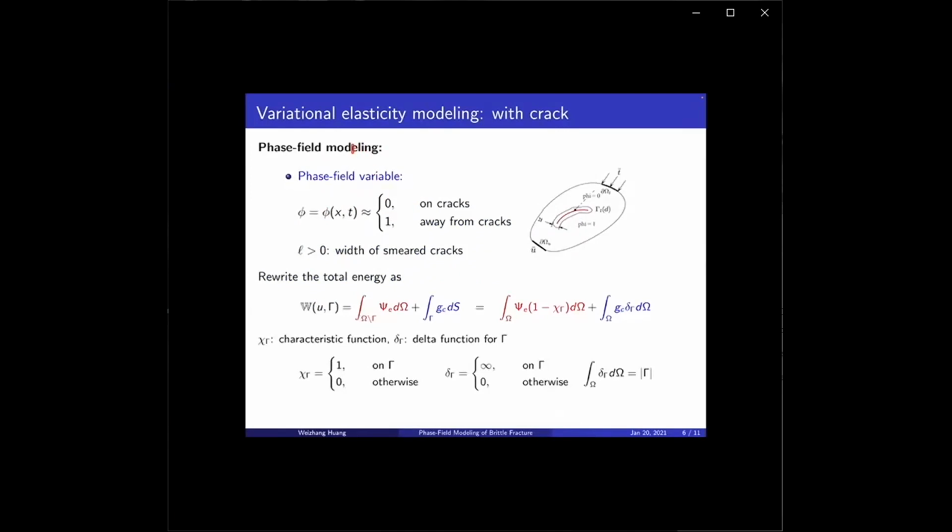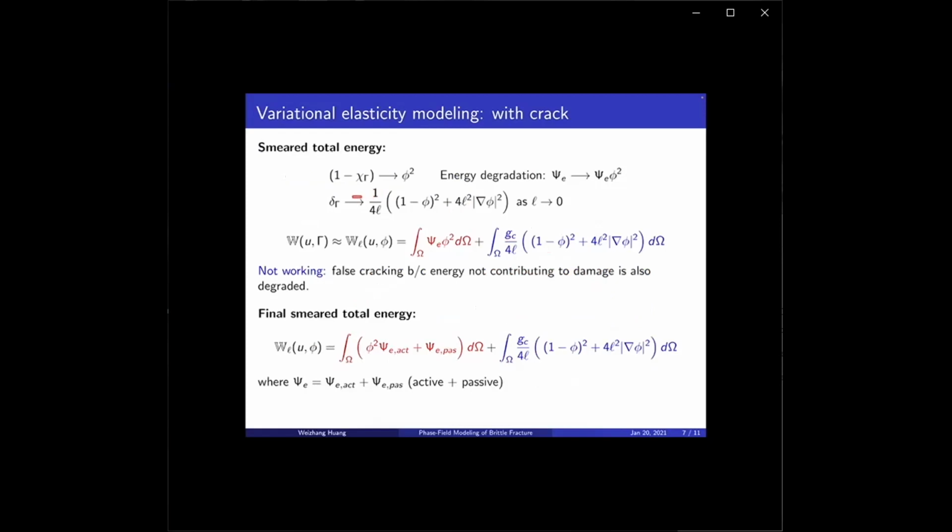So for the phase field modeling, we're going to use a phase field variable to identify the cracks, because phi is 0 on cracks and 1 away from cracks. So then we can write the energy in this form, using the characteristic function and delta function.